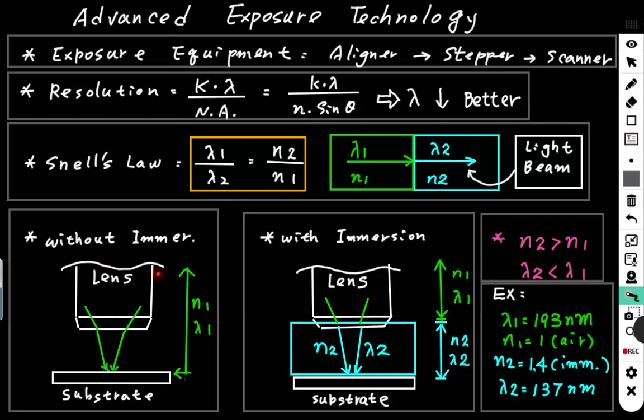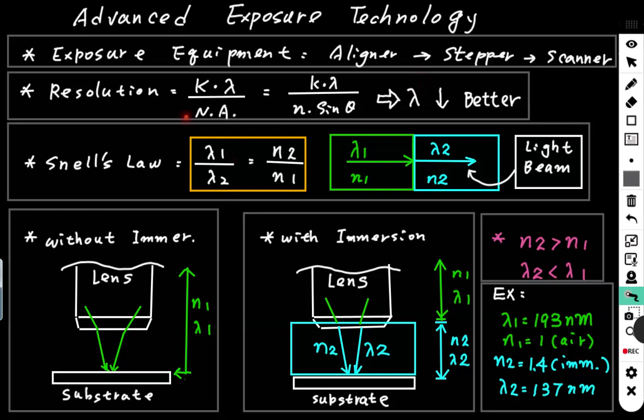Material 1 is air, so the light beam keeps its N1 and lambda 1. We want to make this lambda in the resolution equation smaller, decreasing.